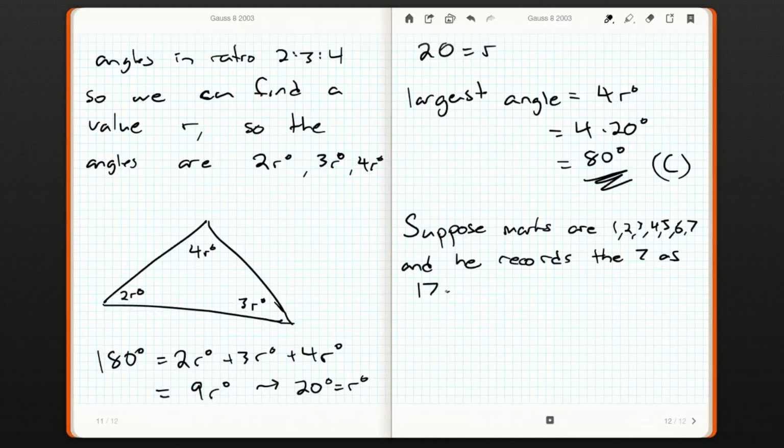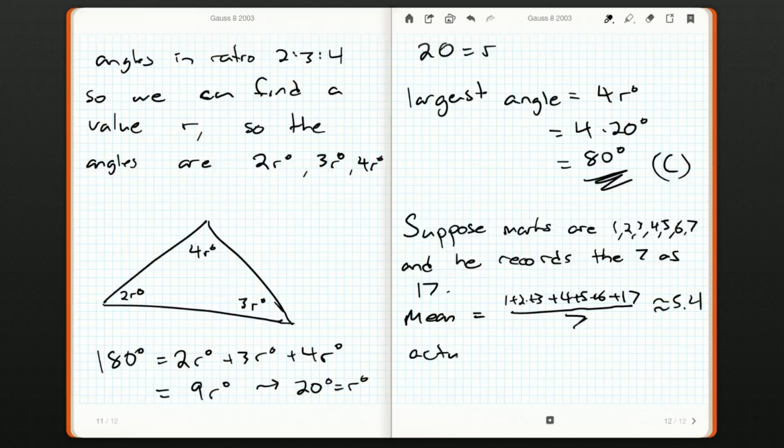Okay, so the minimum, the mean, we've got the mean to do. So the mean is 1 plus 2 plus 3 plus 4 plus 5 plus 6 plus 17. This is going to be the mean he calculates, and if we grab our calculator and divide that by 7, we get around 5.4.